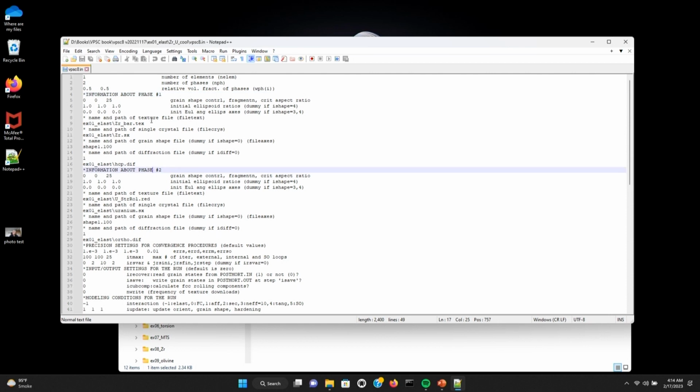Essentially all the parameters that you read for a single phase, you will read exactly the same ones also for the second phase or the third phase, however many phases you have, and then the code will build up the polycrystal using the texture that you declare in those phases. No, I don't have here an example with the volume fraction transfer.